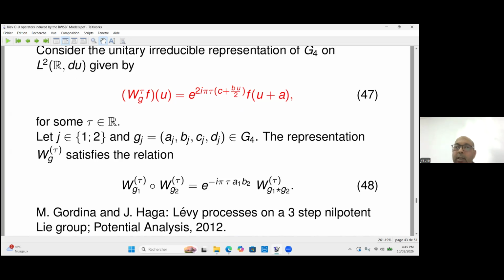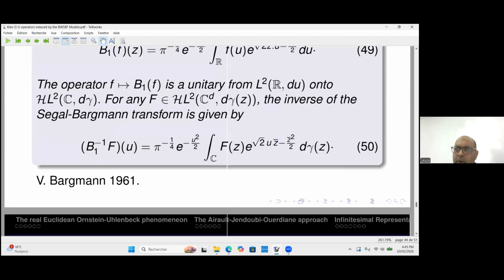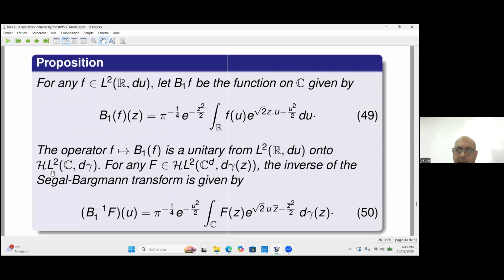From this representation, we can construct a holomorphic one by using the Segal-Bargmann transform, which is an operator from L2 to the Fock space, here with sigma equal to 1, but we can write it with any sigma.